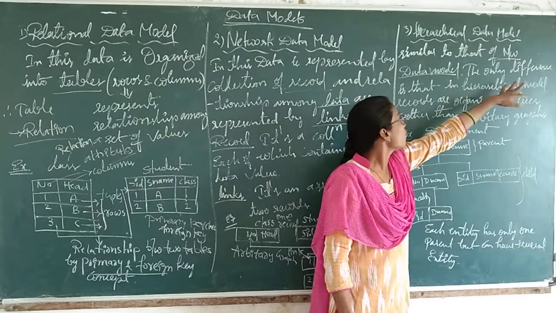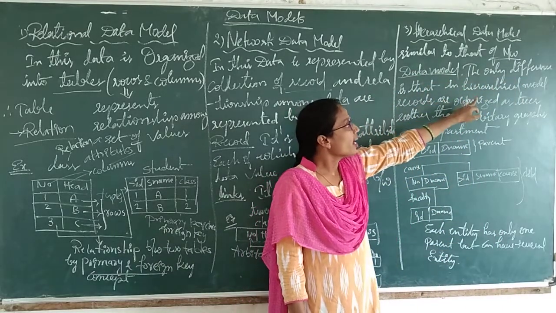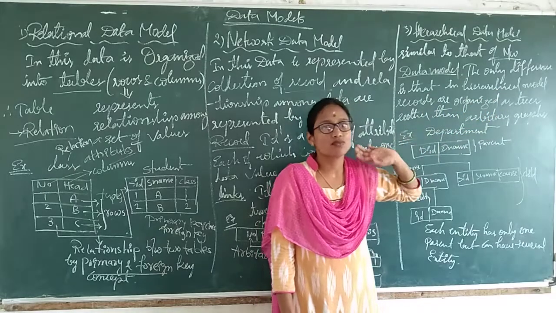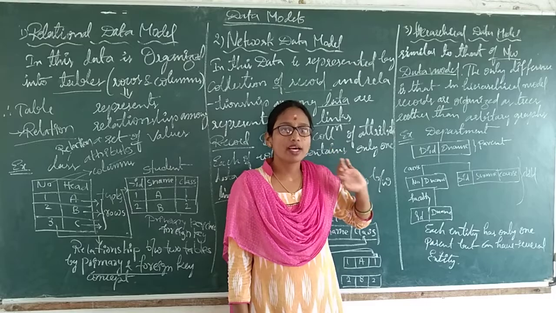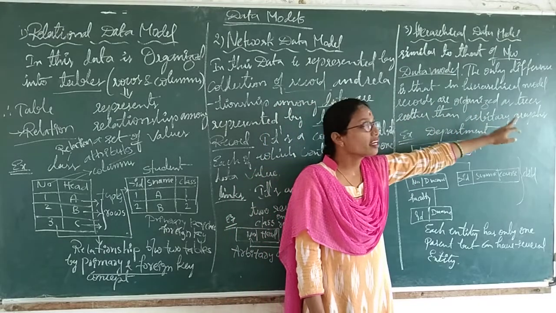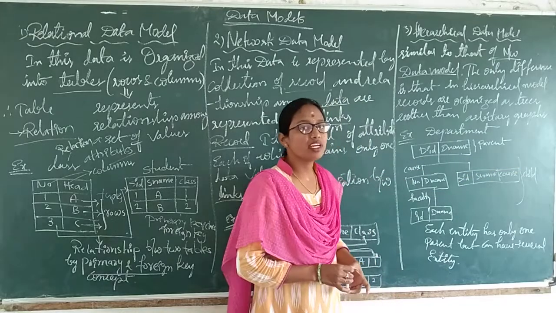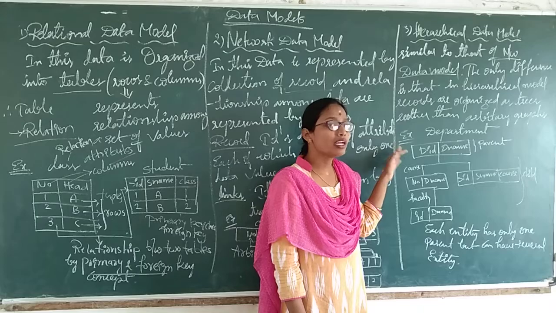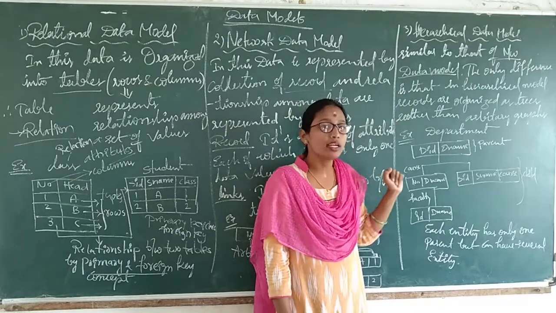The only difference is that in the hierarchical model, records are organized as trees rather than arbitrary graphs. Here we are having one example so you know clearly what a hierarchical data model is.